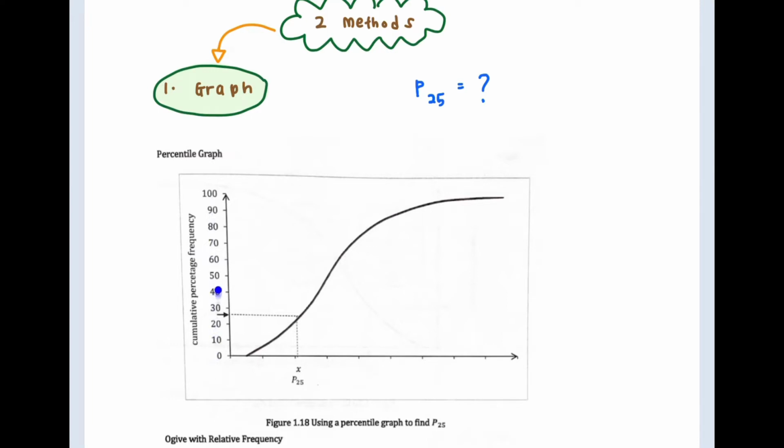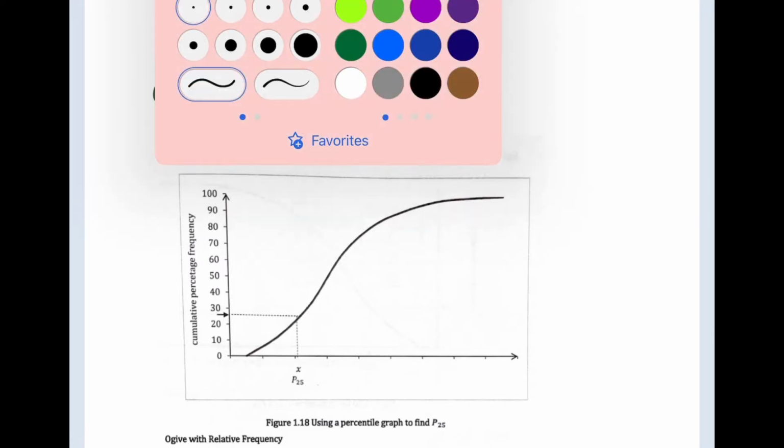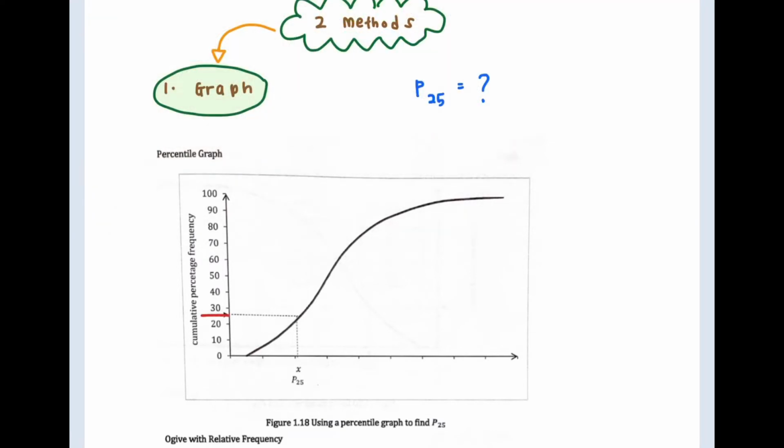So from the y-axis here, you just find 25, which is this one. This is the value of 25. And then just draw the dotted line to the graph and the dotted line to the x-axis. So this is your answer for percentile 25, or P25.